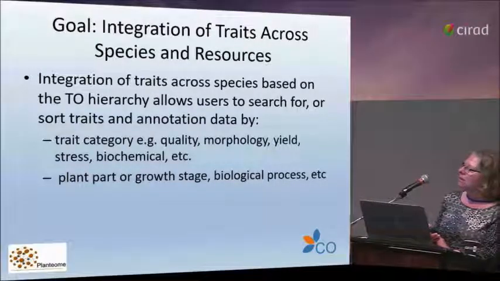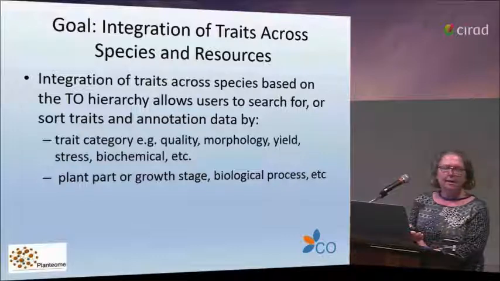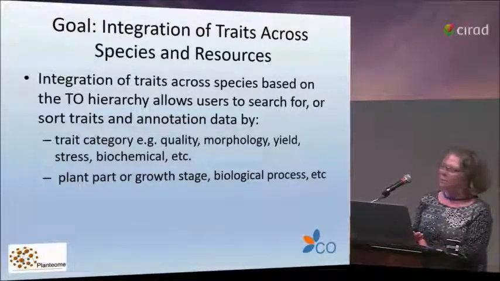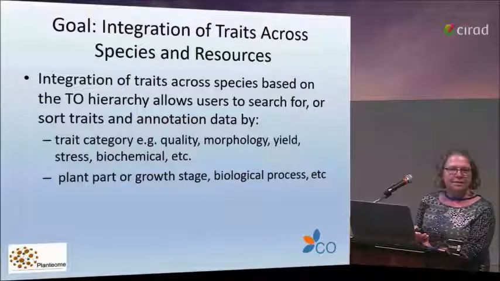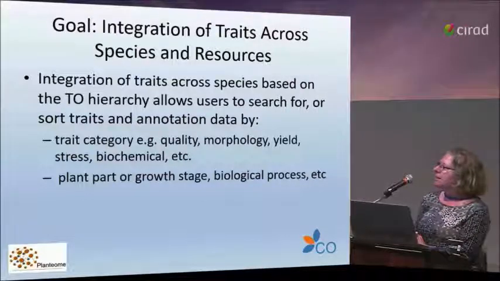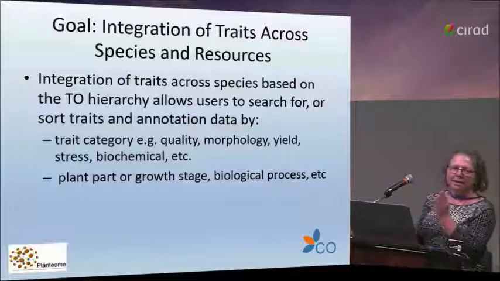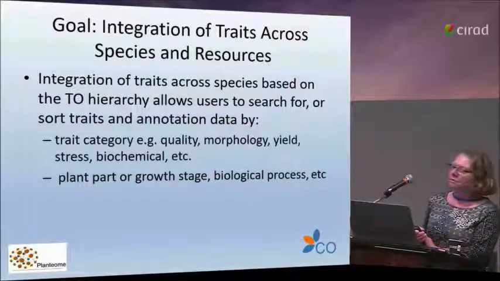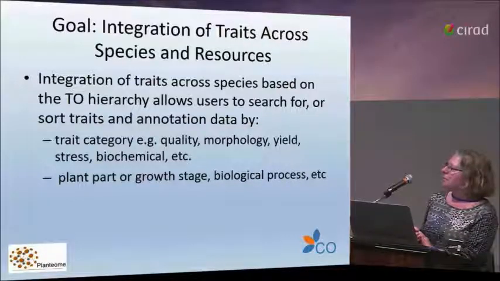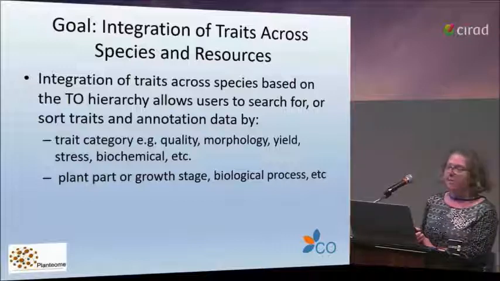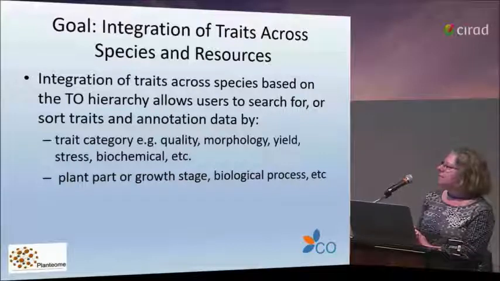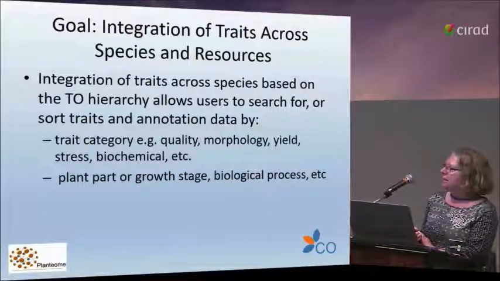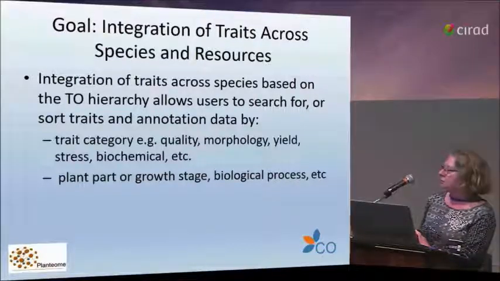So our goal is to integrate these traits across species and resources by using the ontologies developed in the reference ontologies. The trait ontology hierarchy can gather these traits and allow users to do searches across them for sorting traits and also the annotation data for such things as the trait categories, such as morphology, yield, stress, or biochemical traits.